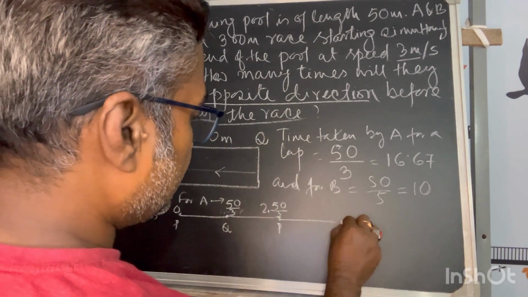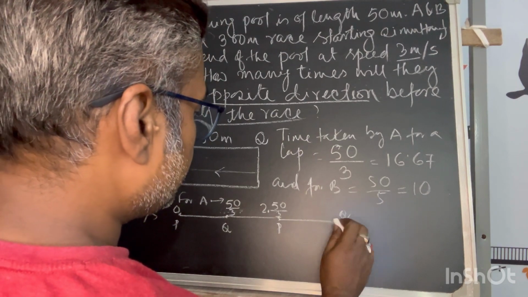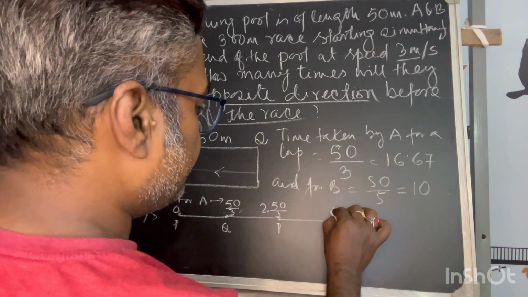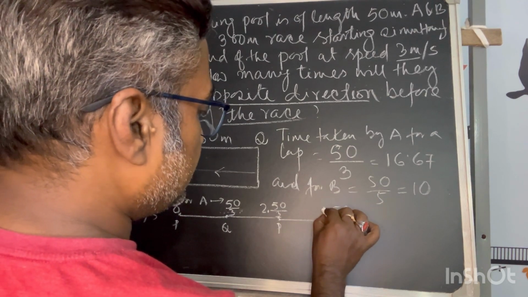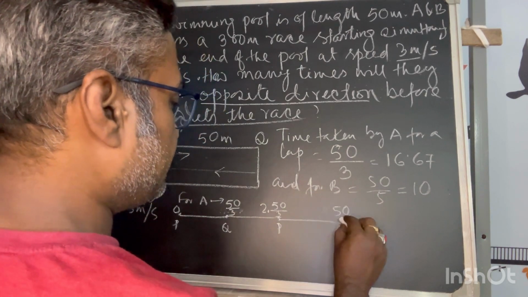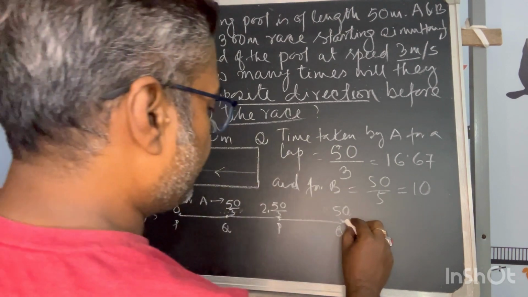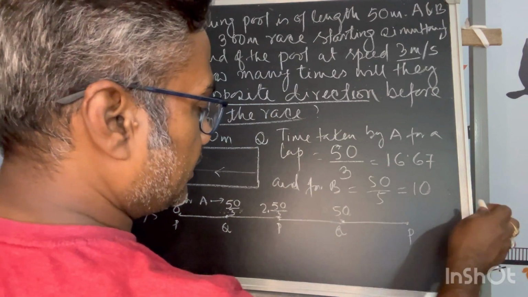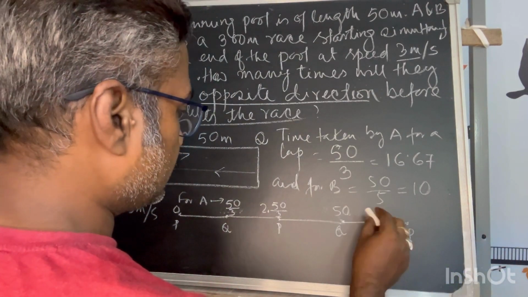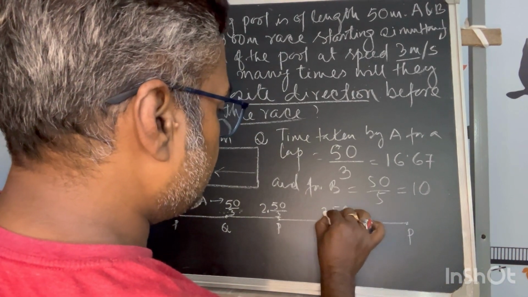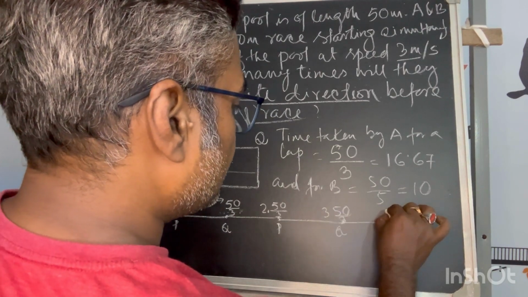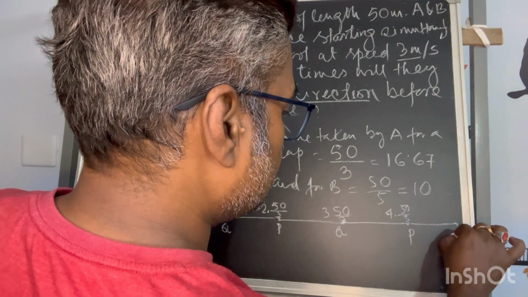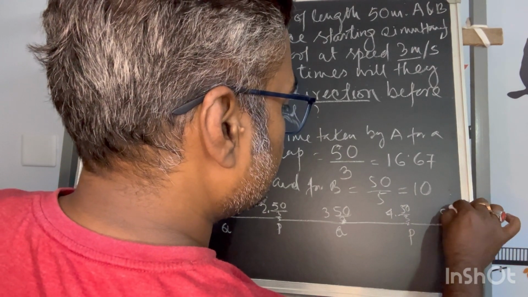Then again moving to Q, at time 3 into 50 by 3, that means 50. Now further again to P, I am writing randomly, I don't know up to what extent I have to go, so this is 4 into 50 by 3. Then again to Q, 5 into 50 by 3.